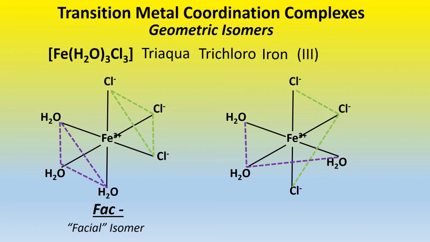If this was a globe, the waters would be defining the equator. The chlorines would be defining the lines of longitude, otherwise known as meridians. Therefore, this is a MER, M-E-R, or a meridial isomer, and would be mer-triaqua trichloro iron 3.